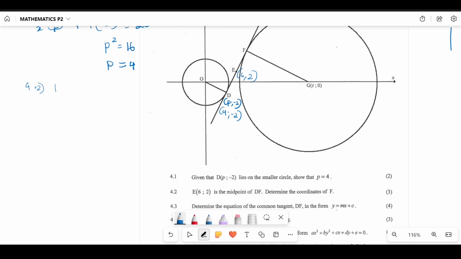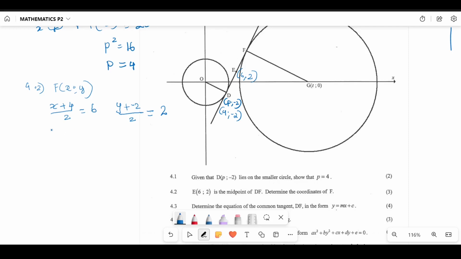So let F be (x, y), which we don't know. The midpoint we know is (6, 2). So (x plus 4) divided by 2 is the x coordinate of the midpoint, and (y plus negative 2) divided by 2 is the y coordinate of the midpoint, that is 2.